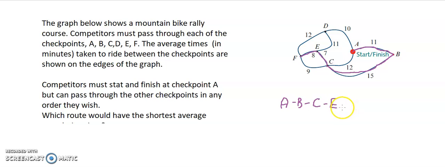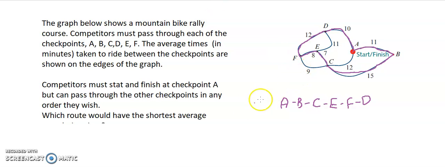So I'm going to go to F. Now I've got to go to D and then back to the start. So it really helps us to be able to see the pathway.